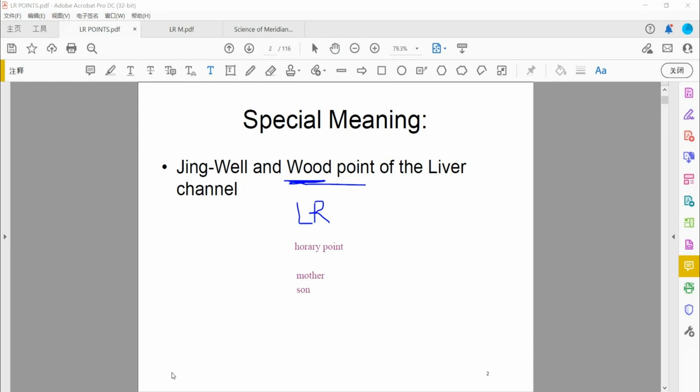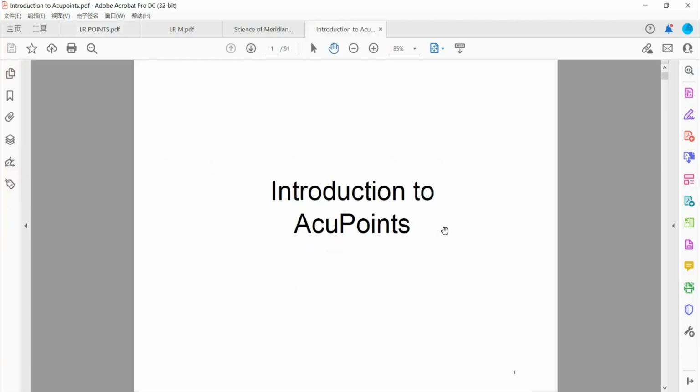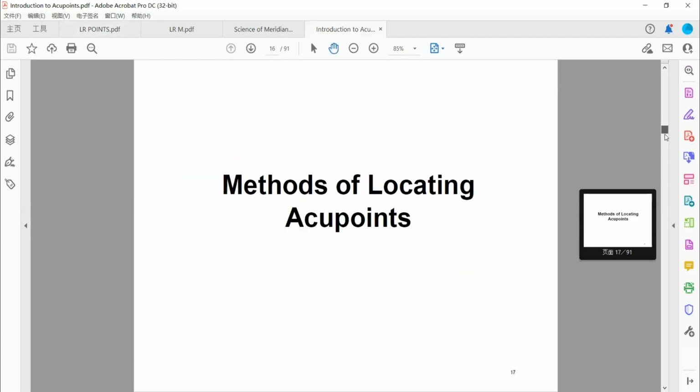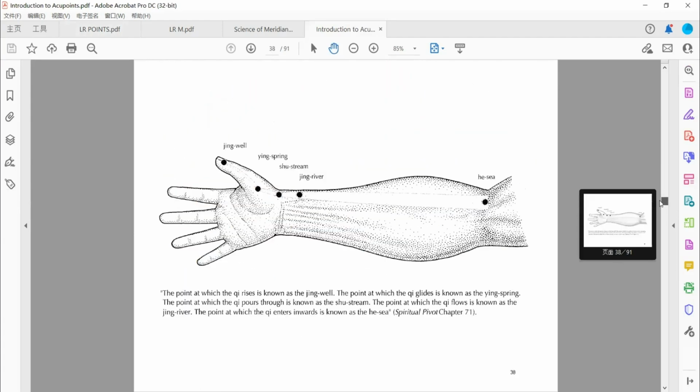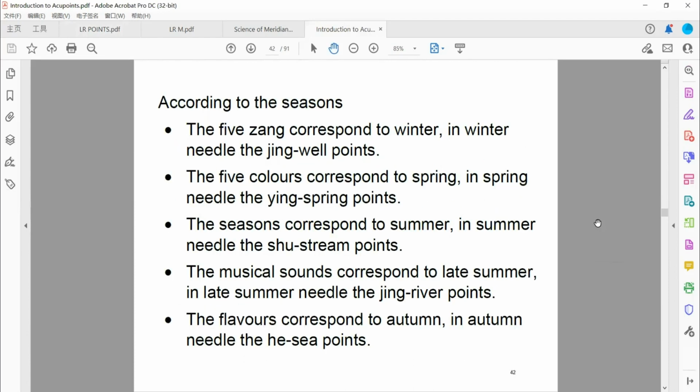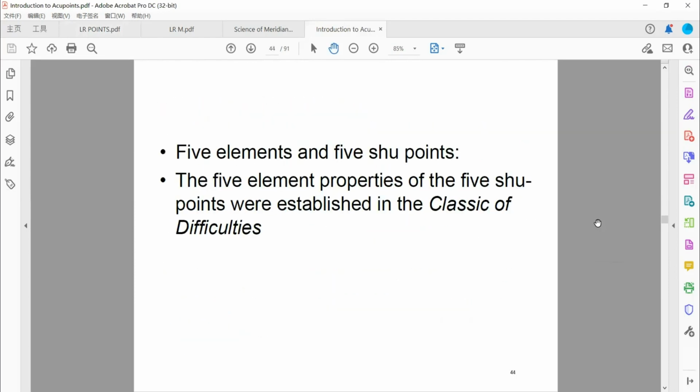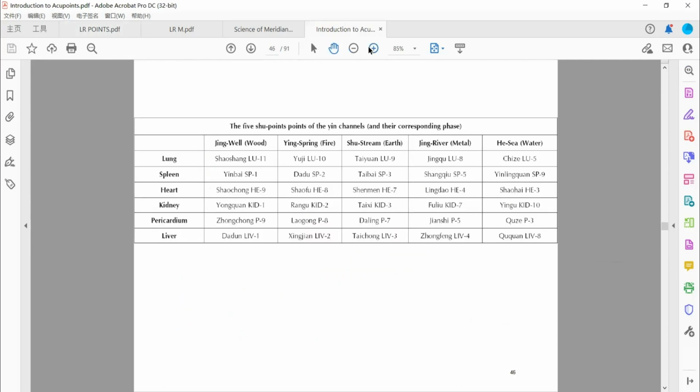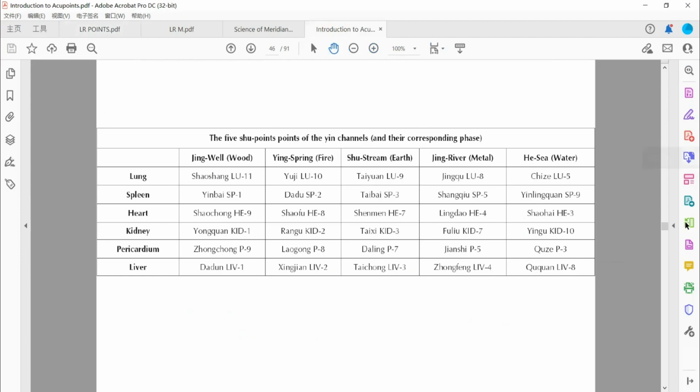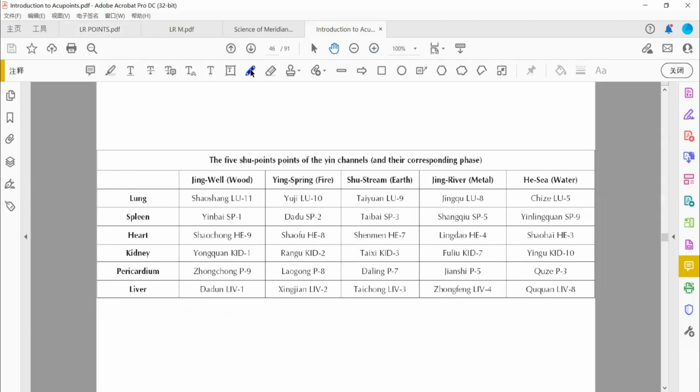That's the introduction part. Let's go to the five elements and the five shu points. This one is very important. For the liver, let's take a look. The liver belongs to wood. So the wood point will be liver 1.